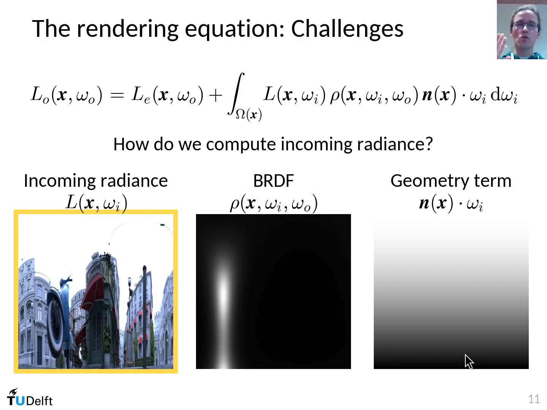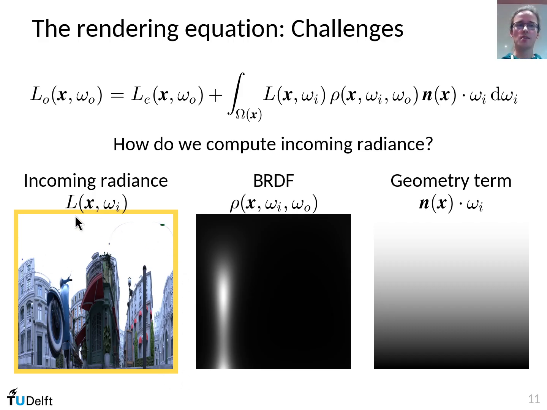Now, our goal is to solve the rendering equation. And in doing so, we encounter two major challenges, two things that make this quite hard. The first one is that we need to know the incoming radiance. But how do we compute this?